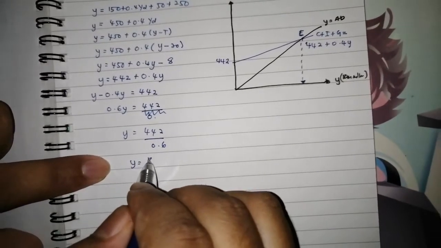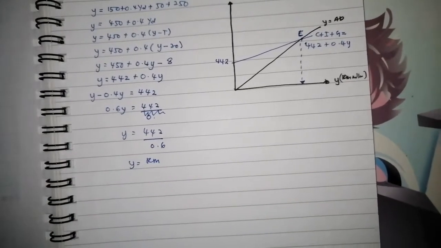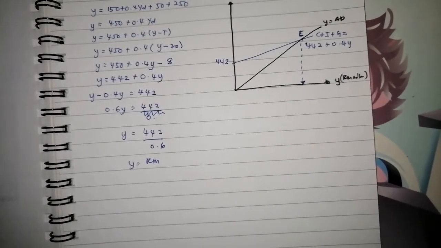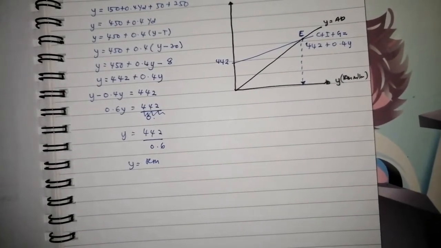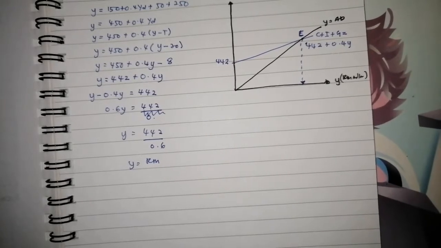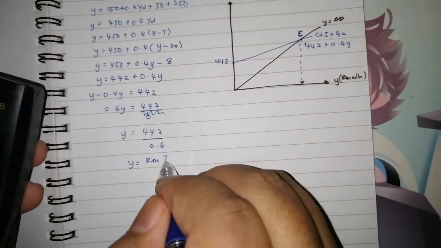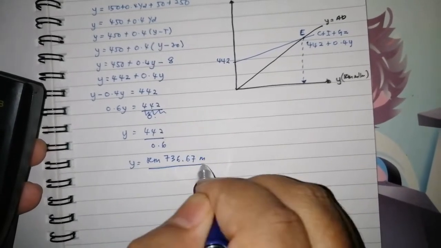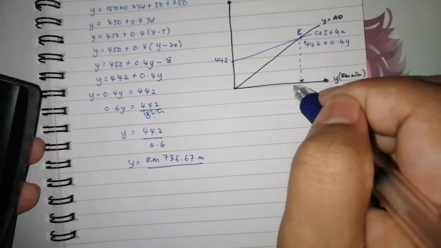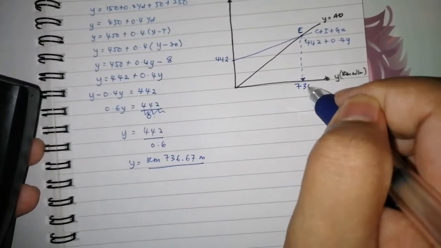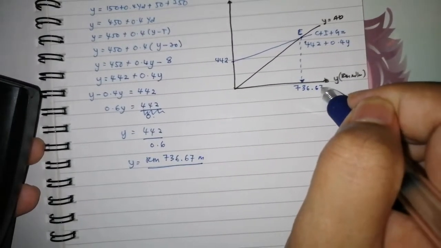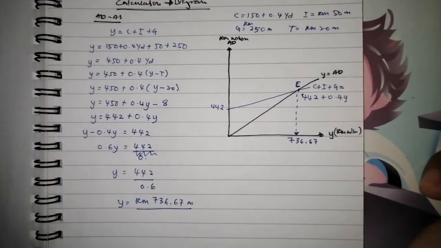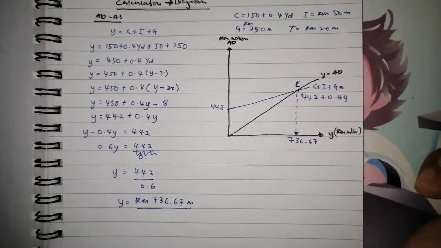So Y equal RM 442 divide 0.6. Answer is RM 736.67 million. So the amount here is 736.67. Okay. This is for the 3-sector AD-AS.